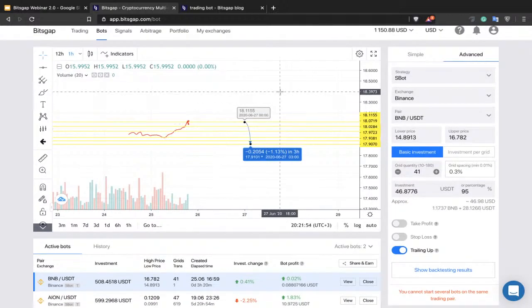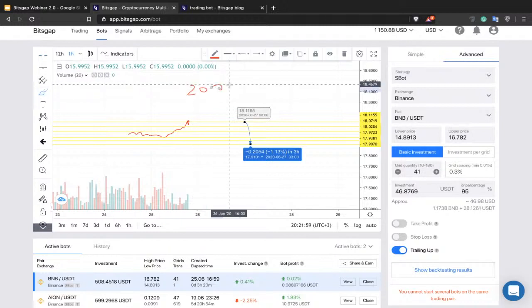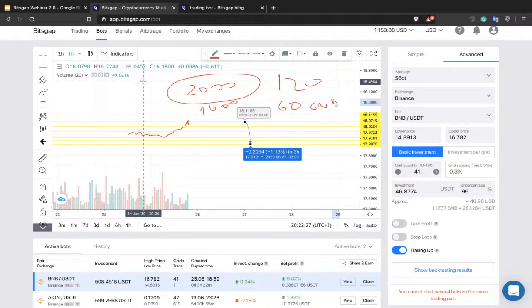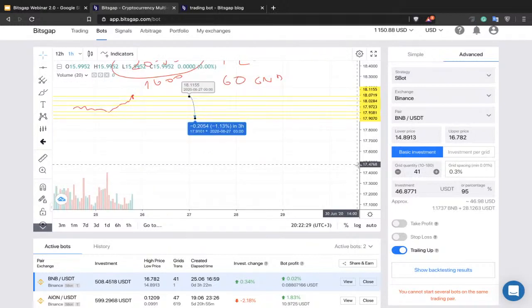And now you want to launch a new bot which requires 2,000 USDT to launch, let's say, with 120 grid levels. Since you don't have that amount, you have only 1,000 available on your balance, you can launch it with only 60 grid levels, all right? So sometimes it can be the case of your available balance. So these are the things that you must take into account when you launch the bot.